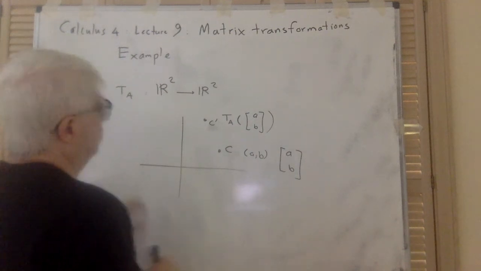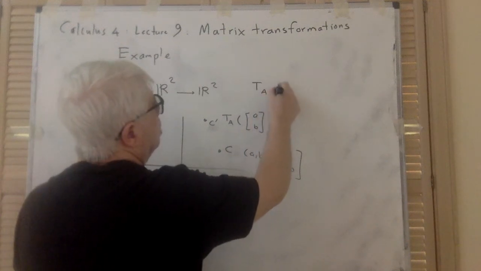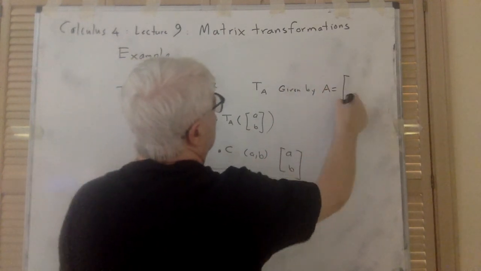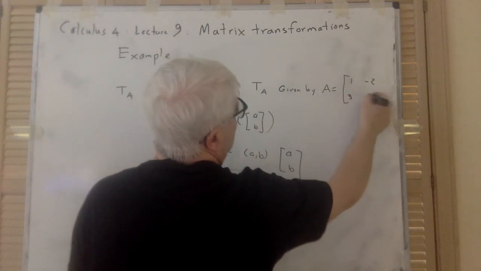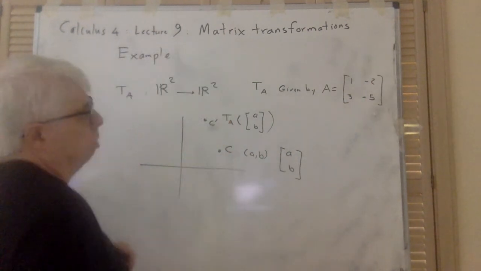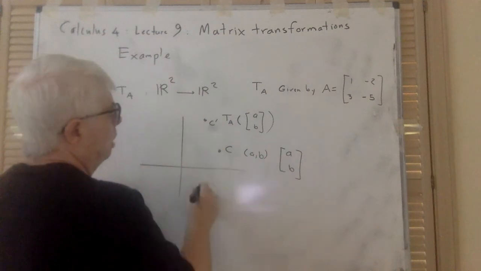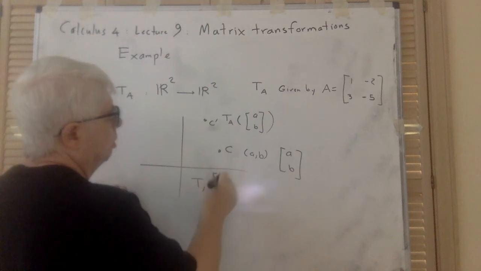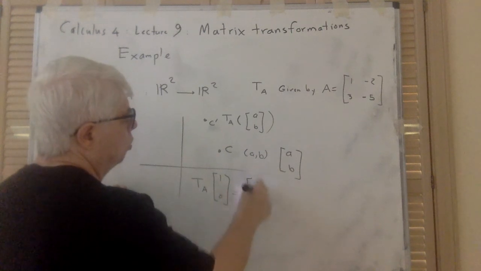So, for example, if TA is given by a matrix A, let's say it is 1, negative 2, 3, negative 5, something. So what does it do? If I apply TA to the point, say, 1, 0, then point 1, 0 will give me 1, 3.